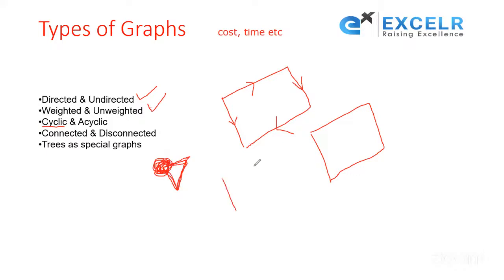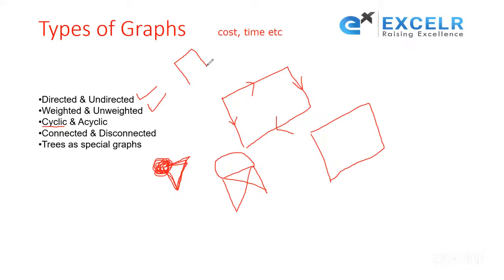Similarly, if there is an edge like this, it is a cyclic graph, right? So cyclic is simply when there is a loop or a circle or a cycle in the graph. Similarly, an acyclic graph is what? See here, one more cycle is there, one more cycle is there. An acyclic graph is simply a graph where there are no cycles, no loops. So that is the cyclic and acyclic graph.